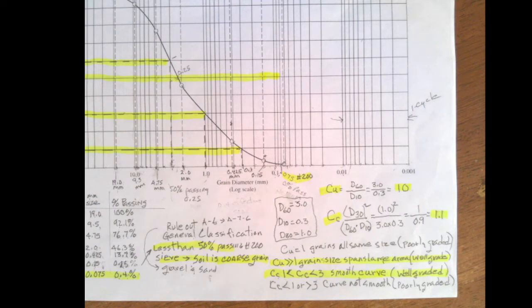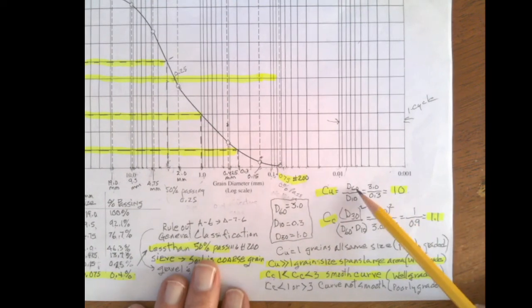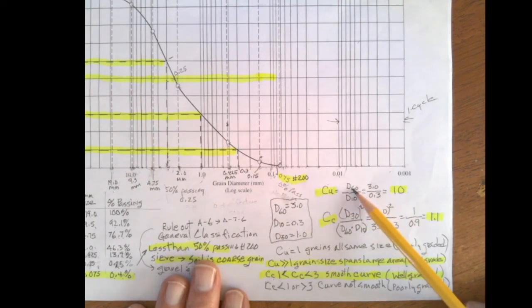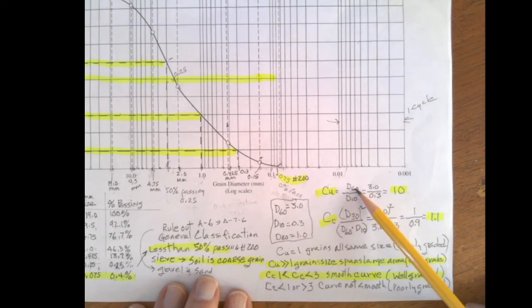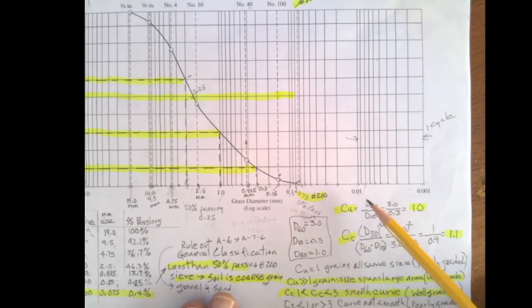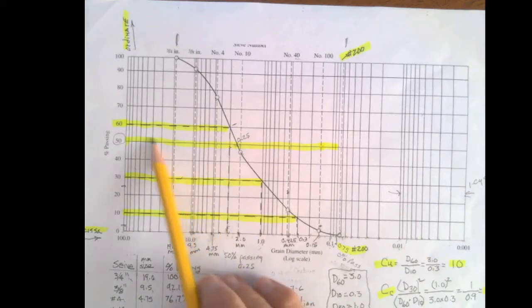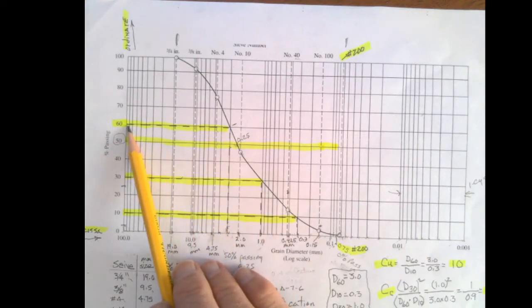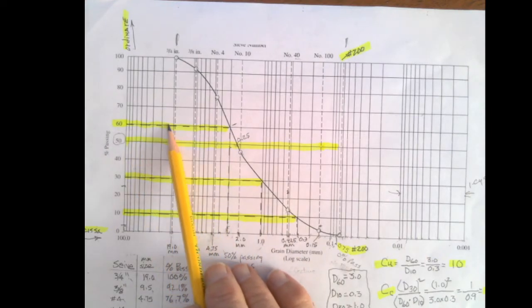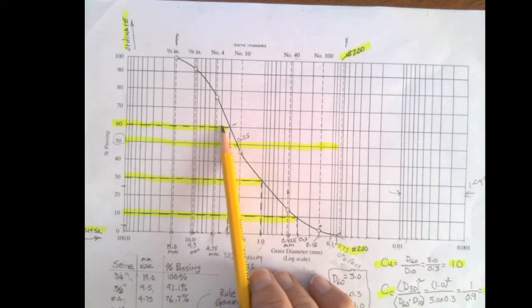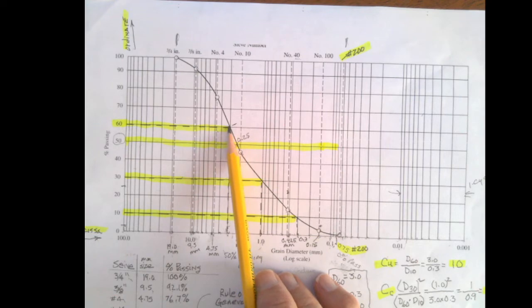The coefficient of uniformity is right here. It's in your book, but this is the formula for it. And look at this. This is D60, so that is the diameter of the particle that passes 60%. Look at this 60 right here. These are guesstimations from me, but pretty accurate. I went over till you hit the curve.